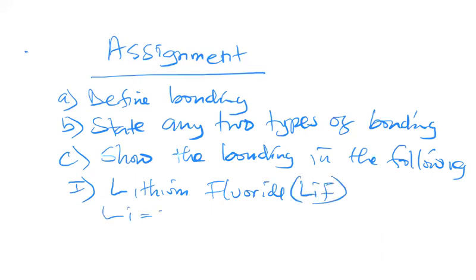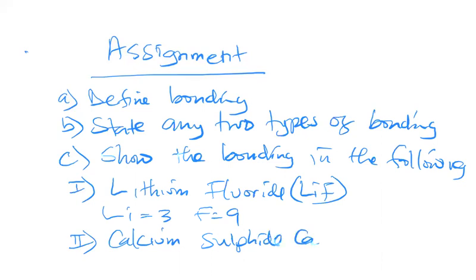Lithium is number 3, fluorine is number 9. Number 2, calcium sulfide. Calcium is 20, sulfur is 16.